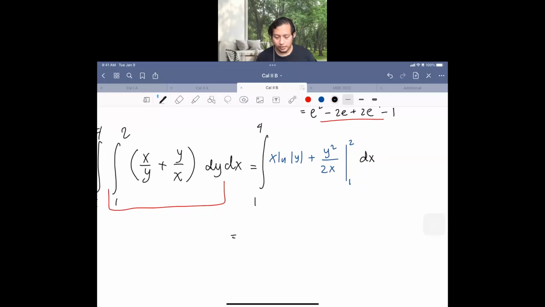Okay, we could evaluate first. So x ln 2, because ln 1 is 0, so x ln 2 plus 4 minus 1 is 3, so plus 3 over 2x, and then integrate with respect to x.